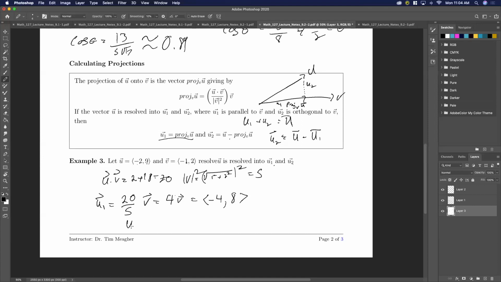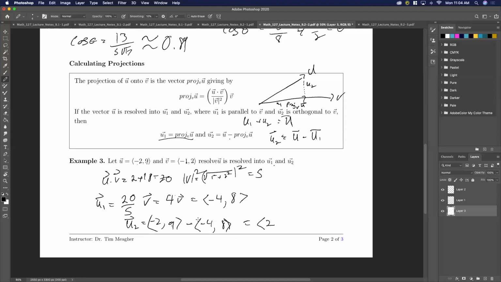And then to find u2, we're going to just take u, so we're going to have -2, 9, minus my projection, which is -4, 8. So when we take -2 minus -4, that will give me a +2.